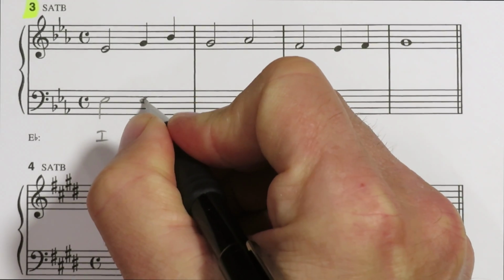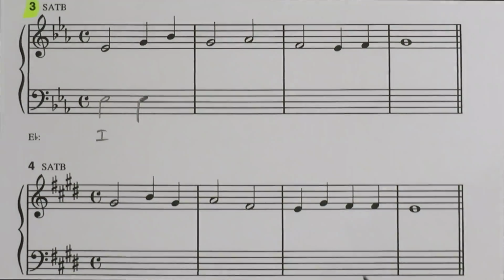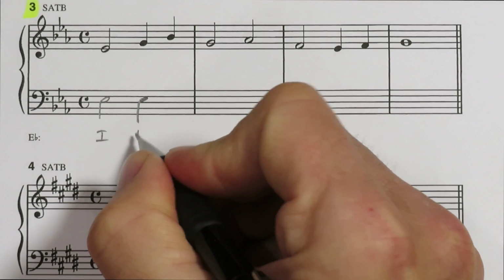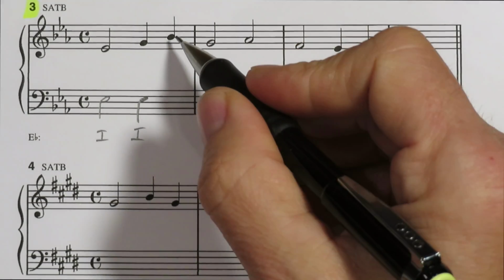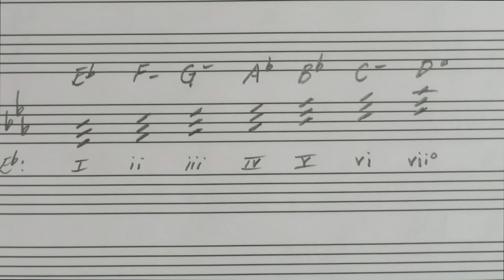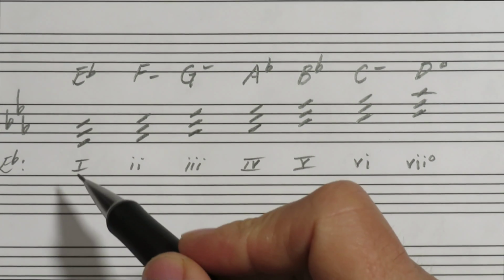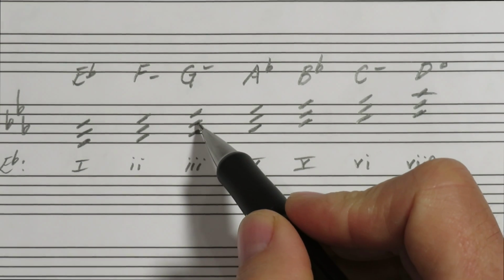So, there we go. And let's see, we have a B flat, and we know that that is the root of the 5 chord. It's also the 5th of the 1 chord, and it's the 3rd of the 3 chord.